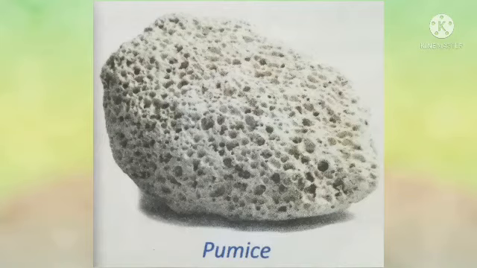Pumice is the only rock that can float. It is used in making lightweight building materials such as concrete blocks. Pumice powder is used by dentists for polishing our teeth.